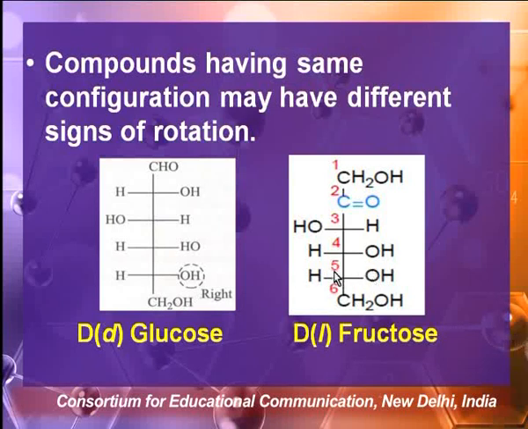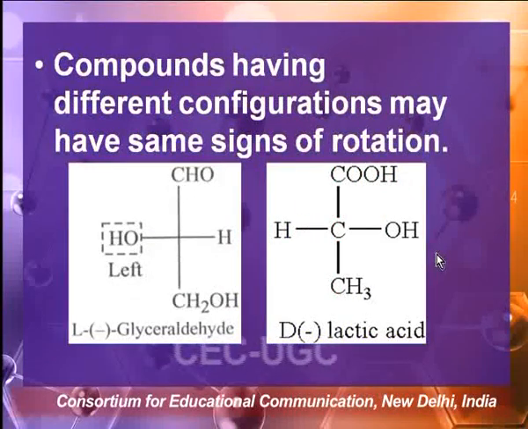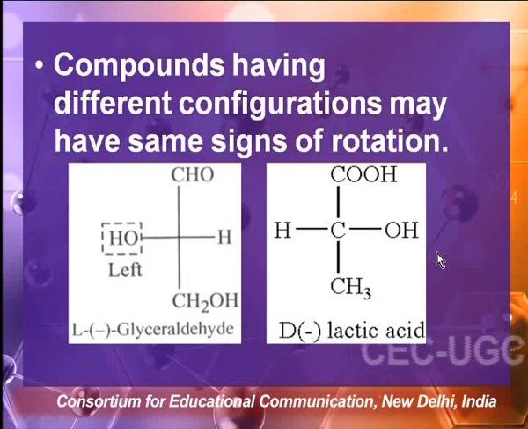Similarly, fructose also has OH on the right hand side at the highest numbered asymmetric carbon, whereas as you can see that we put small d in the brackets here and small l in the brackets here. That means glucose is dextrorotatory and fructose is levorotatory. So even if the molecules have same configuration, it is not necessary that they will have same optical rotation, that is, the direction of rotation will be same.